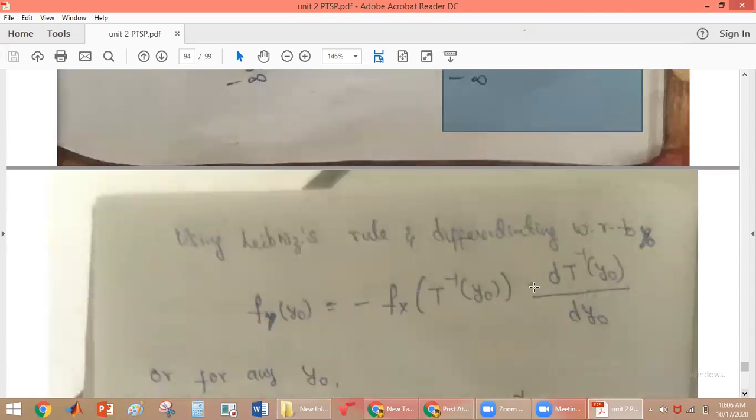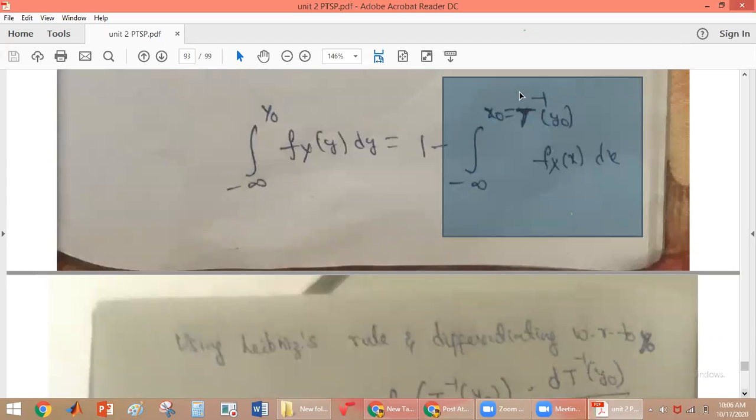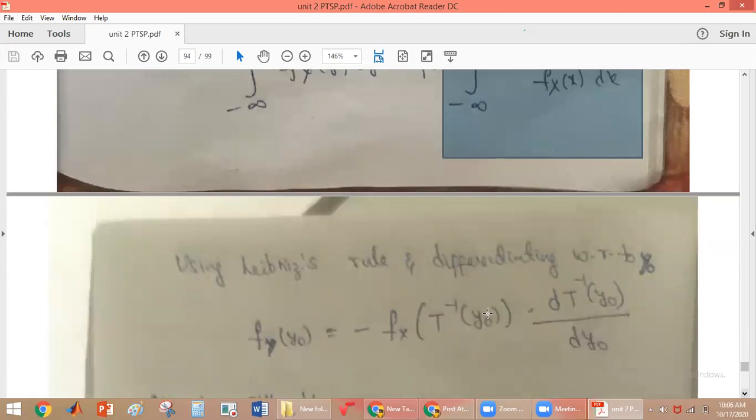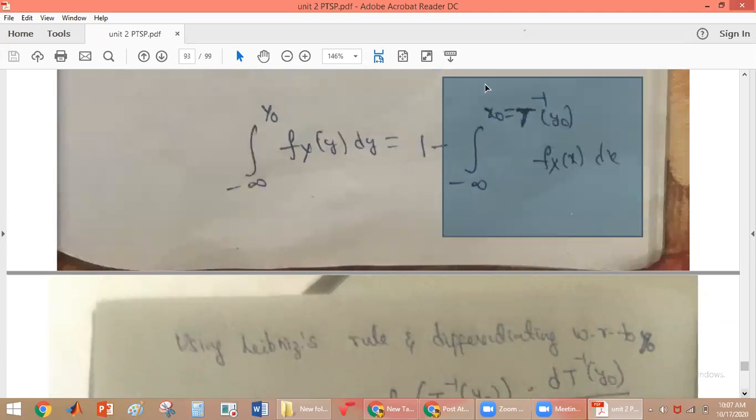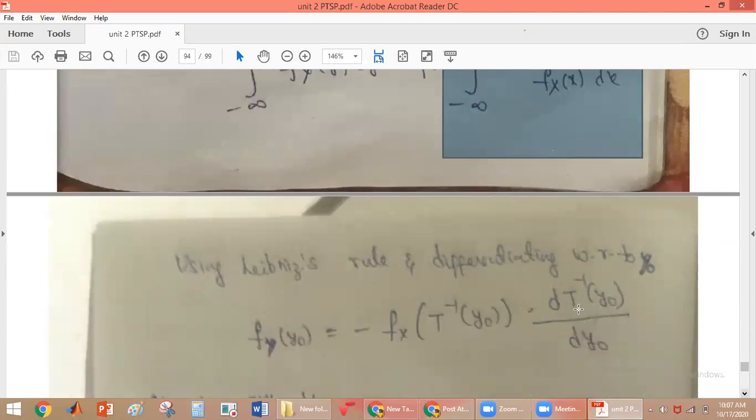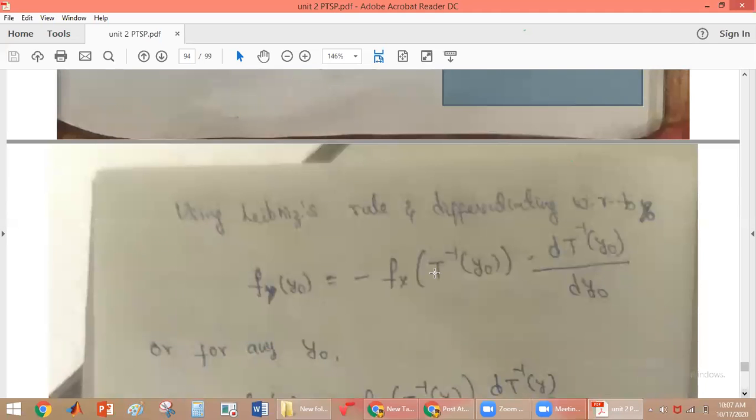So we will be having only the first term. Substitute the upper limit in this function: fx of T inverse y naught, and differentiate the upper limit with respect to y naught, so dT inverse y naught by dy naught. Now this is for any particular value of y naught.